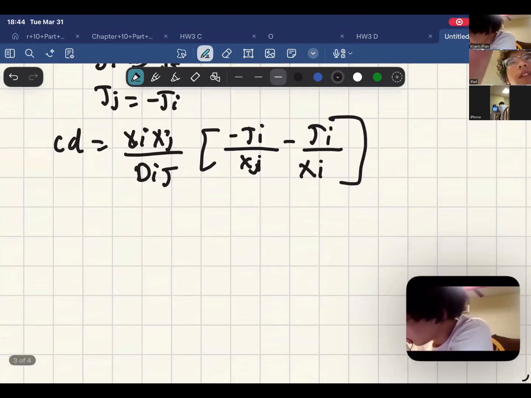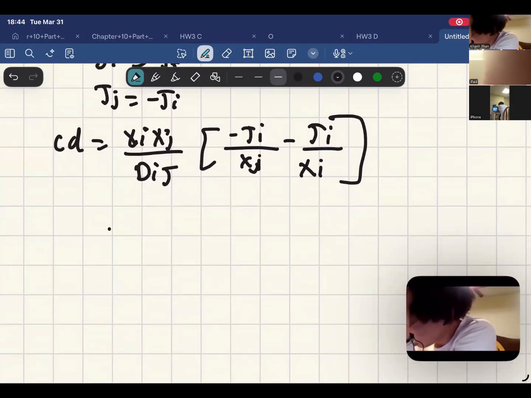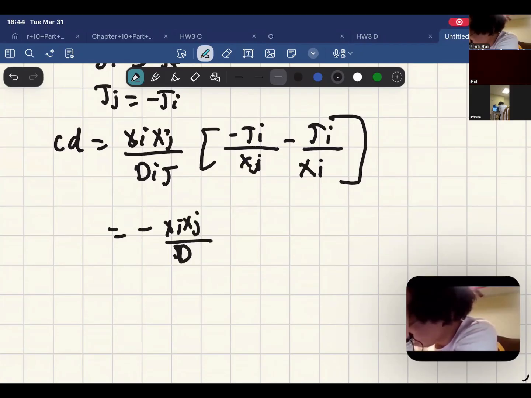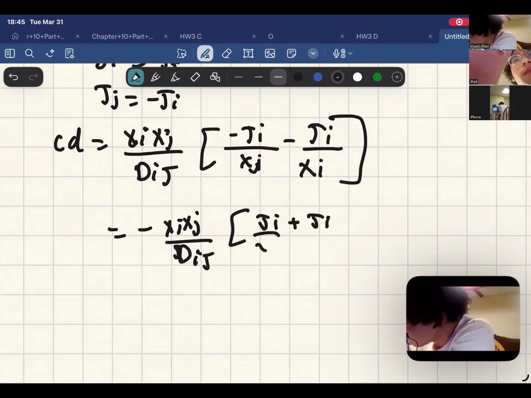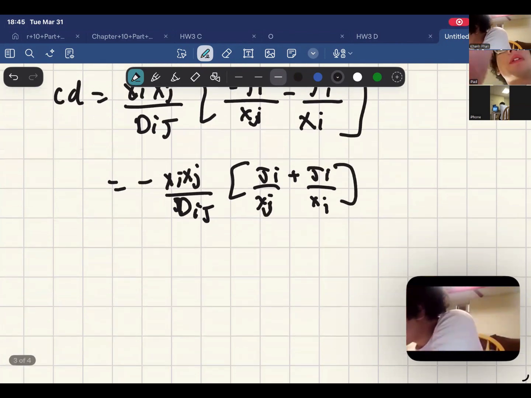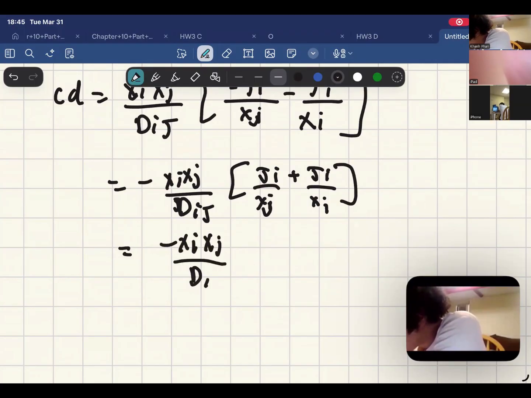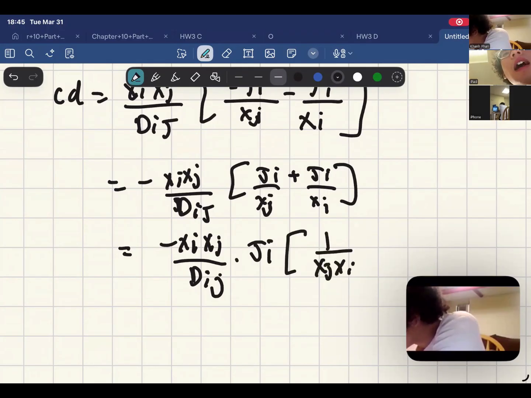So for this equation, let's solve this. Let's put the negative sign outside. The answer would be negative x_i x_j over the diffusion coefficient D_ij times J_i over x_j x_i.